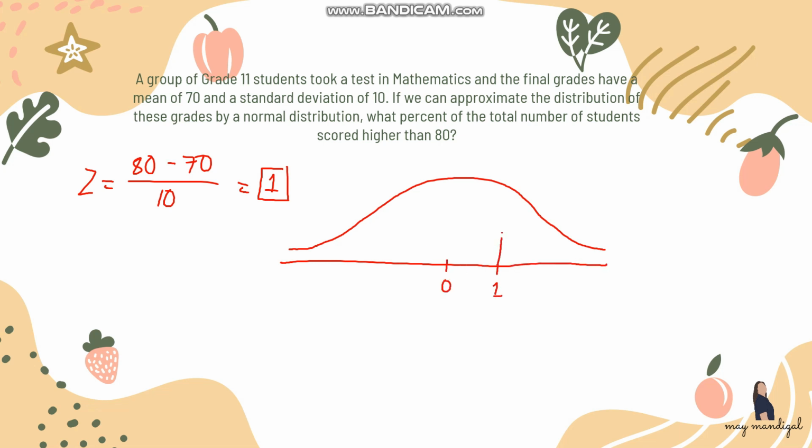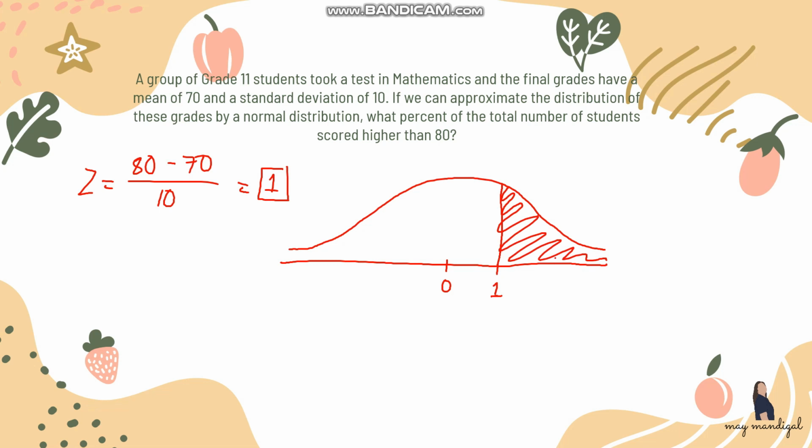So what we want to identify is the percent of the total number of students who scored higher than 80. So that means higher than the z-score. So we will be looking at the area to the right of the z-score. So looking at our table, you can look there for 1.